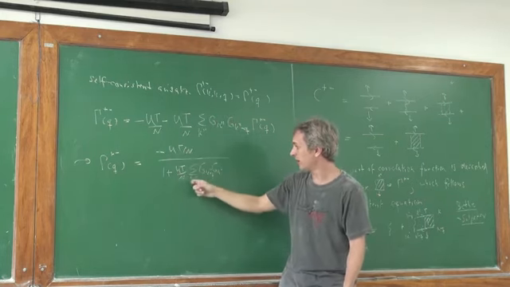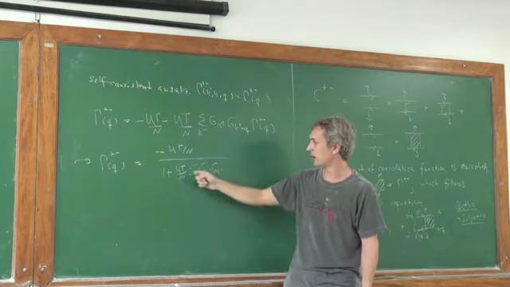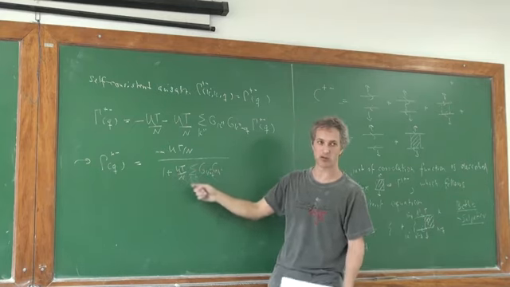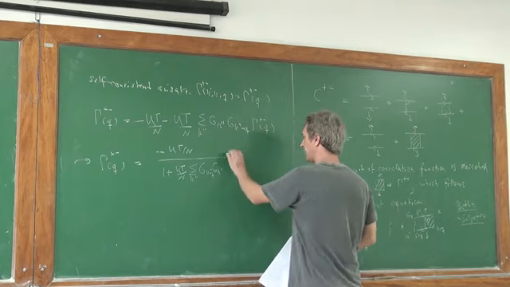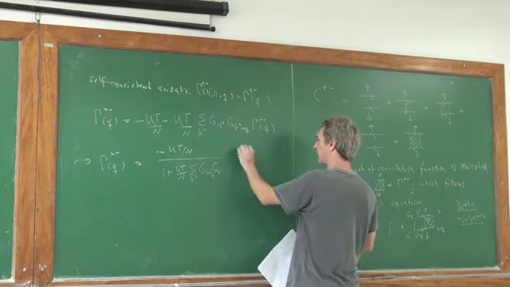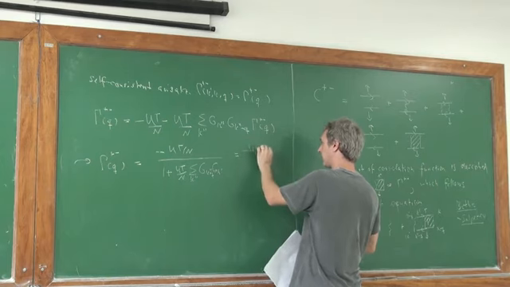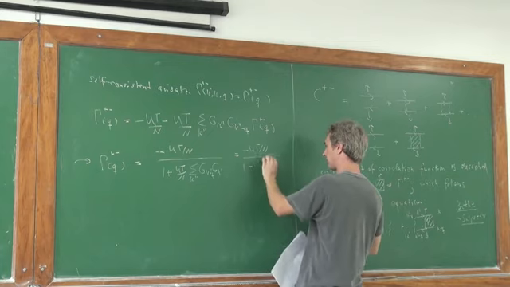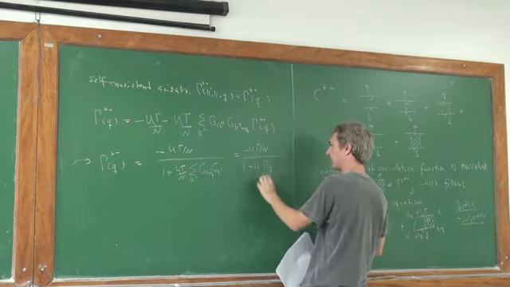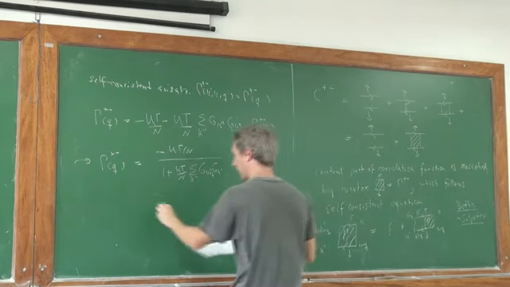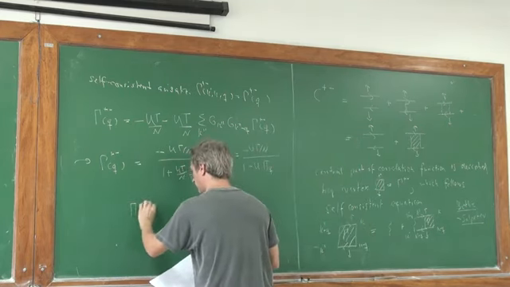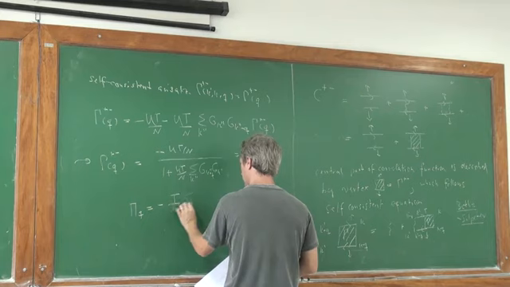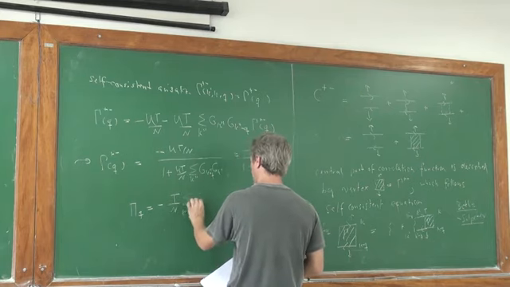But then again, here the product of the two Green's functions with the factor t, 1 over L to the d, which is now n, was minus the polarization operator. Okay? Which we already encountered before, so this can be written as minus u t over n, 1 minus u times the polarization operator at q, where the polarization operator at q is minus t over n, sum over k prime.